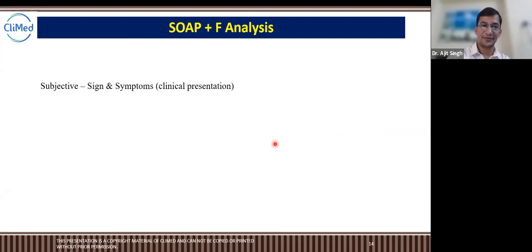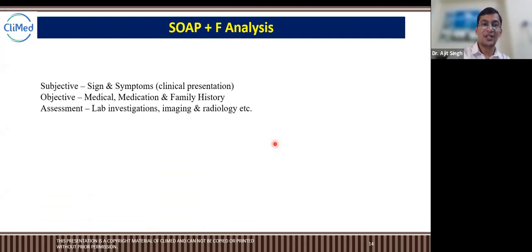Subjective means signs and symptoms, we did. Objective means medical, medication, family history. Assessment, lab investigations, imaging, radiology, whatever is there, then problem list. Planning, follow-up.